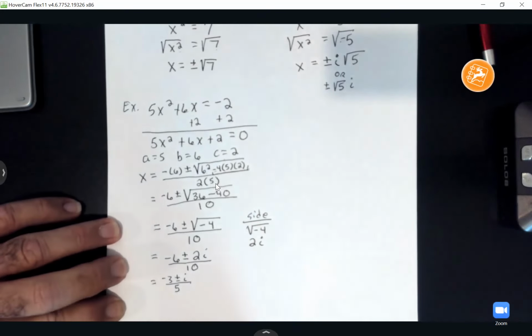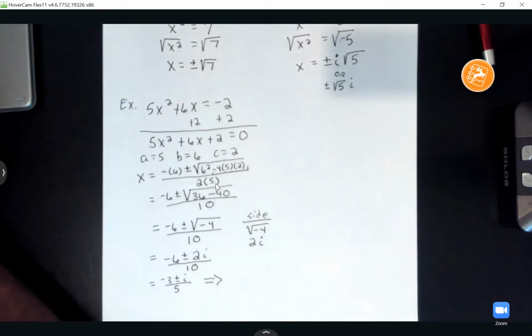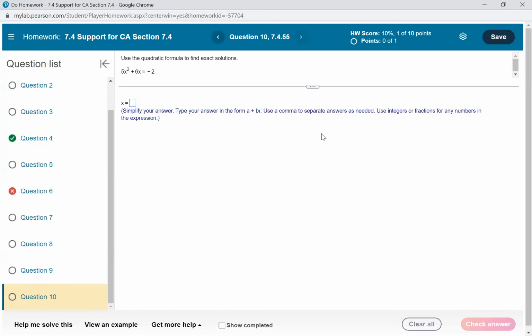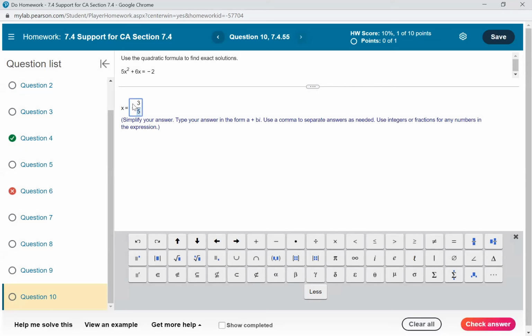Now remember, if they want these in a certain form, let me go back and check what they're saying on our answer blank. So notice, type your answer in the form of a plus bi. So they want me to separate my real number from the imaginary. So the real part will be -3 divided by 5.